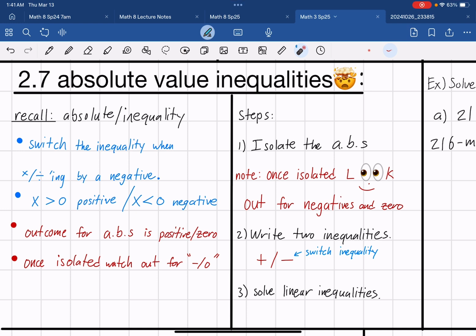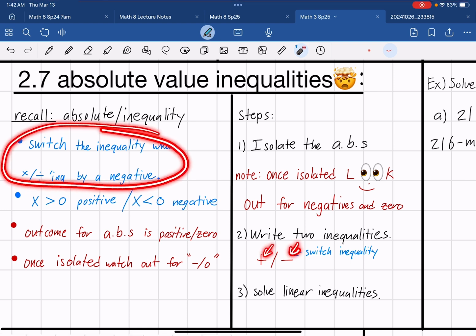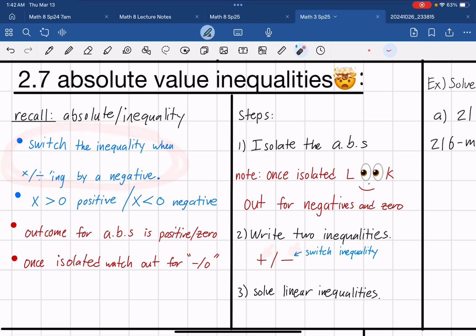But when you write those two inequalities, just like in the absolute value equation, one is going to be positive and one's going to be negative. But the fact that we're dealing with inequalities, when you change the sign, that's going to trigger this idea that you're going to have to switch the inequality because the sign is changing for the number.